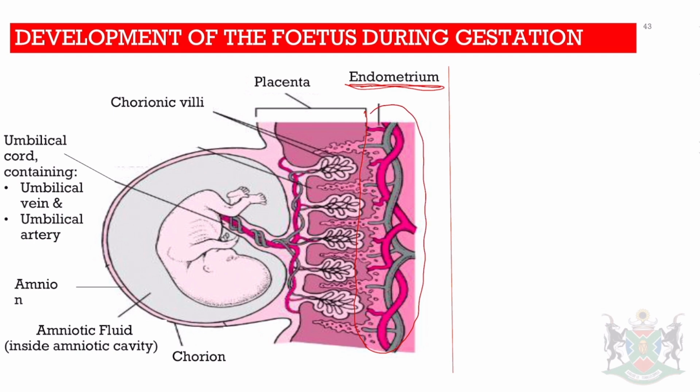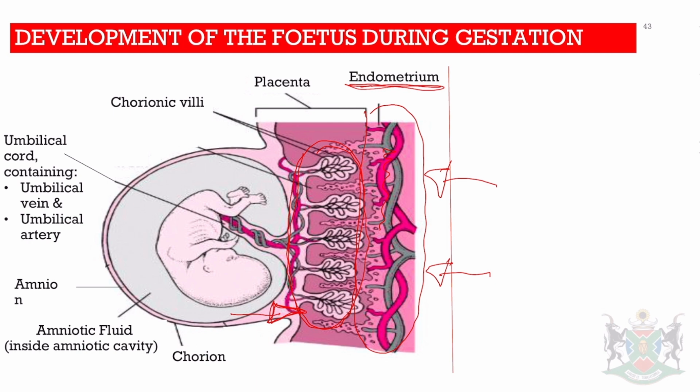We see that it has blood capillaries that are bringing oxygenated blood to the placenta. And then the chorionic villi are part of the fetal structures, which are bringing deoxygenated blood from the fetus.